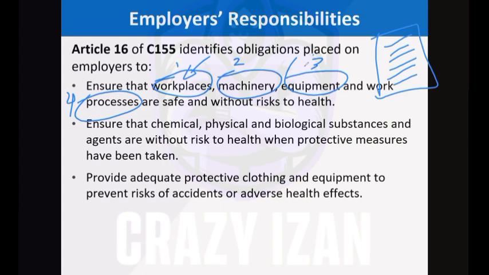If they provide a proper route for the vehicles and a separate route for the pedestrians, that means they have taken control measures to protect the workers, so that is a safe workplace. If the scenario mentions that there is no segregation, you can say that the employer has failed to fulfill their legal obligation of providing a safe workplace because they did not provide segregation for pedestrians and vehicles. Okay, so this is how you will answer the questions.